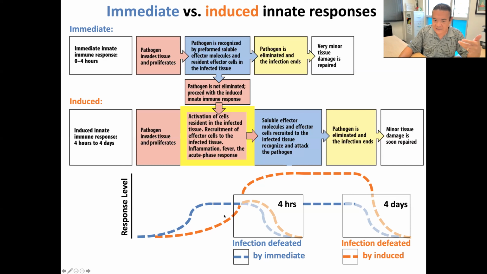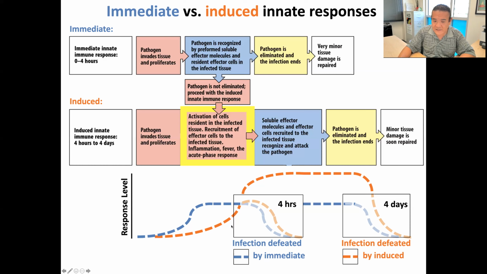This orange dotted line represents the different cells and components that are part of your induced innate response, because in the background, they are beginning to wake up. As your macrophages, as part of your immediate response, are releasing cytokines, or are cytokines floating around in your blood, you begin to get some recruitment of neutrophils going on.